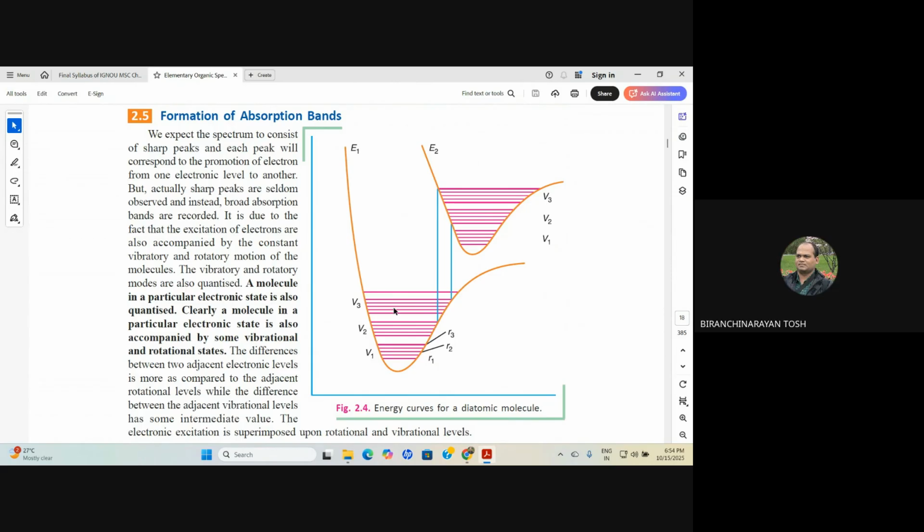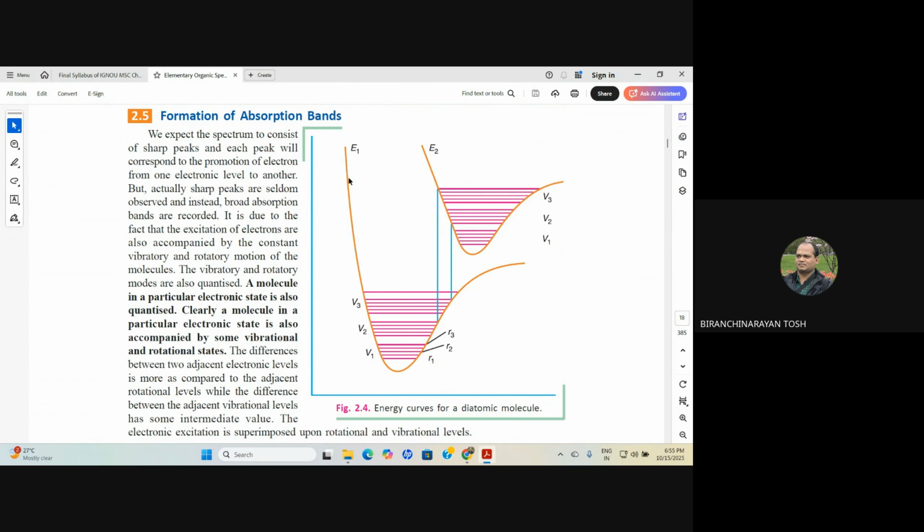Now, if we want to change the electron's energy level, that is an electronic transition: the electron will move from this energy level to this energy level, E1 to E2.